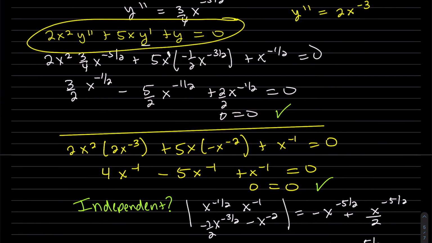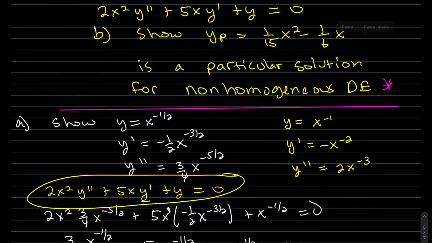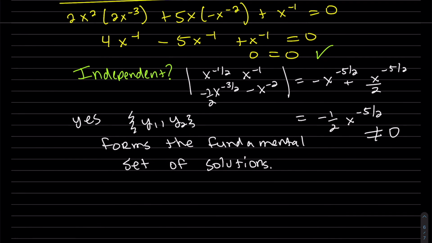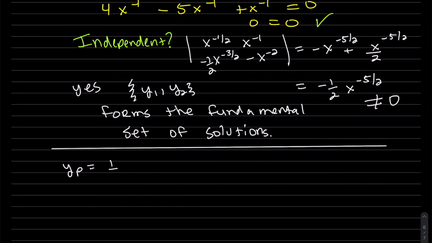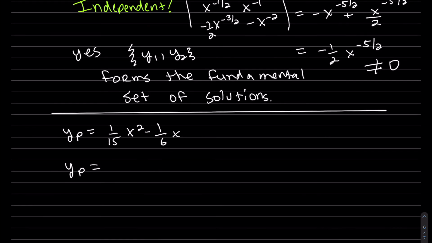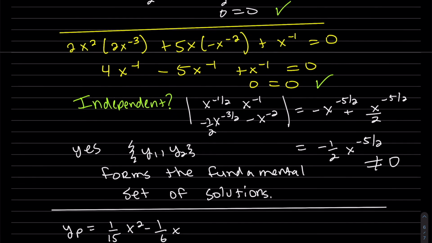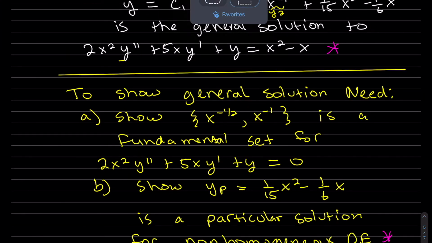Then part B, show that it is a particular solution of the whole non-homogeneous equation, so we just plug that in. So let's do it. Plug it in. We've got to show it's a particular solution. That's what we're being asked.